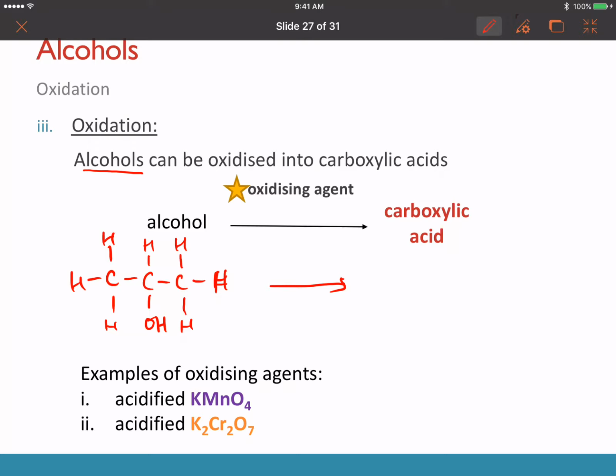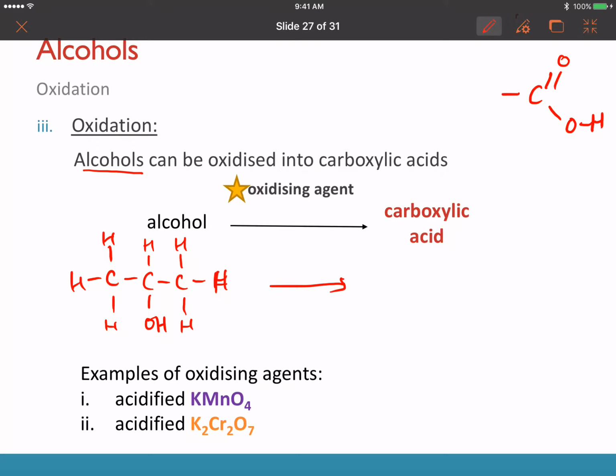Okay, think about it for a while. Can I form a carboxylic acid if my hydroxyl group is at the center? Okay, think about it again. The carboxyl group requires 3 bonds. Okay, and so the carbon is only left with 1 bond. Therefore, the carboxylic group is always at the end of the molecule.